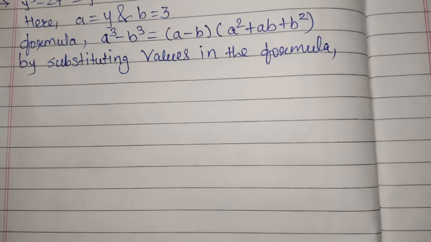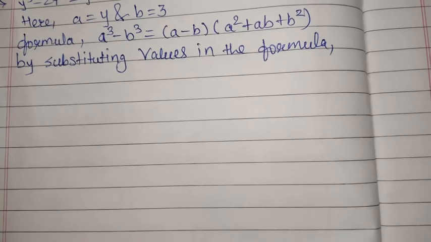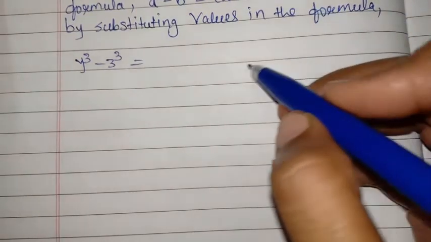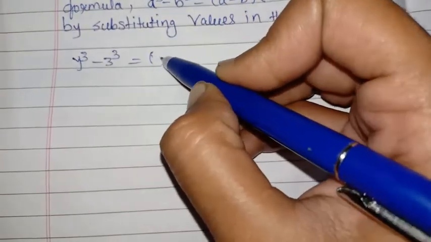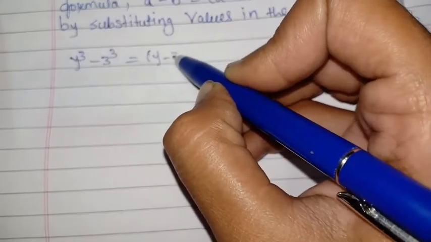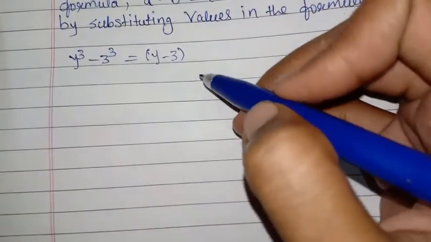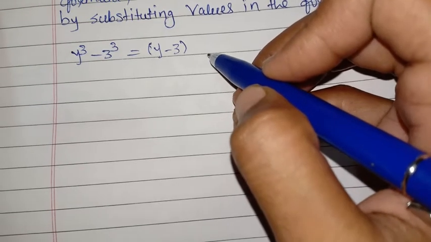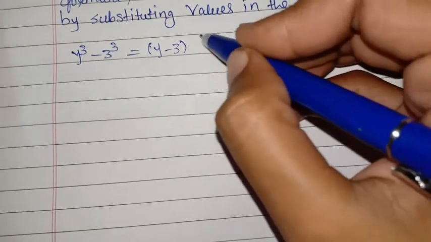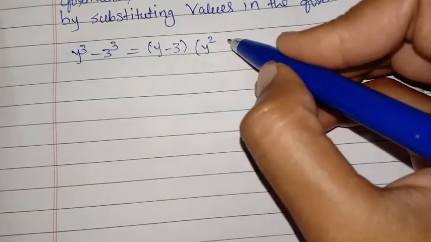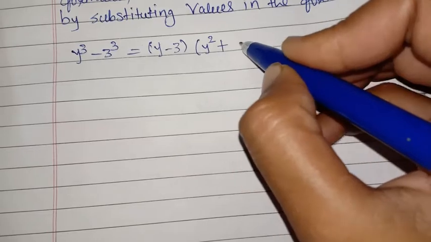After this, now we'll write it directly, that is y cube minus 3 cube is equal to, now what will come in the first bracket? Yes, y minus 3, that is a minus b. So y minus 3 will come in the first bracket. In the second bracket, y square plus ab.